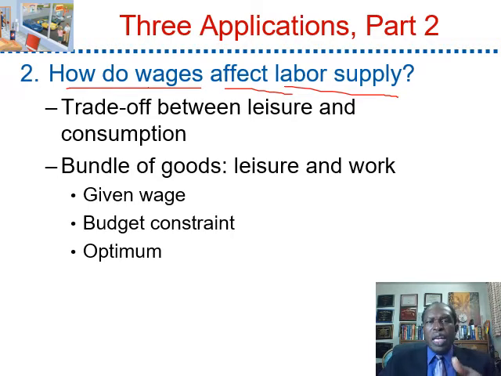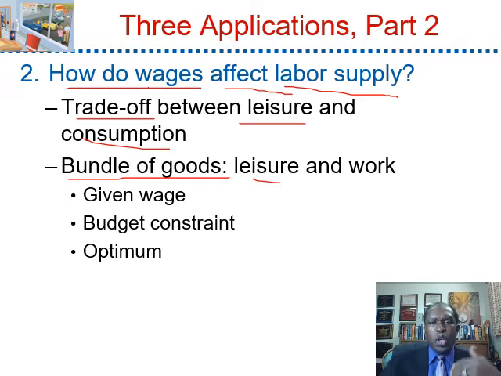And therefore, labor supply reflects the trade-off between leisure and consumption. It's a bundle of two goods. Labor supply deals with the bundle of two goods, leisure and work. If you take more vacation, your leisure is up, then you get paid less, then you consume less.